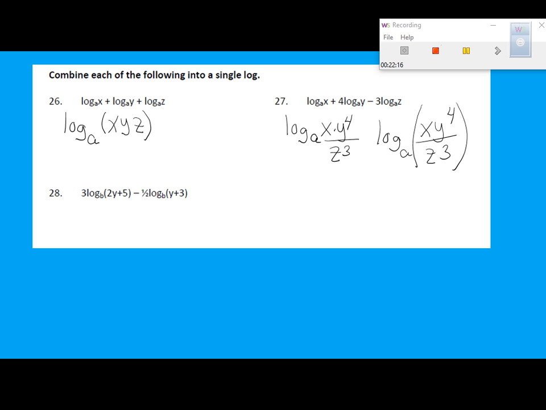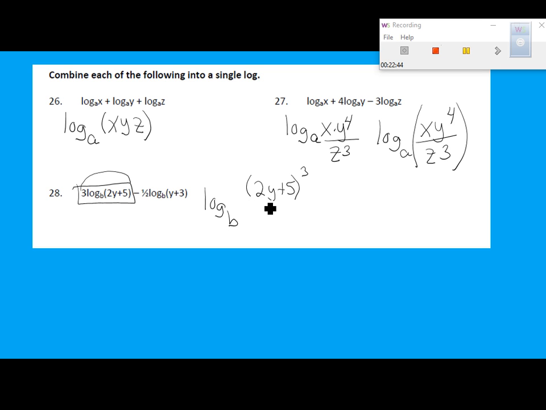Here goes my number 28. 3 log base b of 2y plus 5 minus 1/2 log base b of y plus 3. As a single logarithm, it's going to look like this. Log to the base b. Well, if you look at this part, that 3 must have been an exponent at some point. So I've got 2y plus 5 to the 3rd.